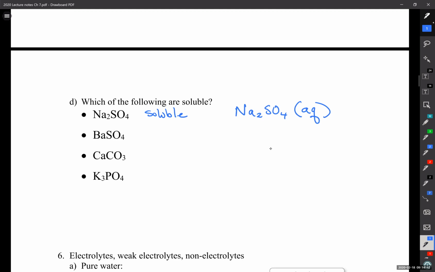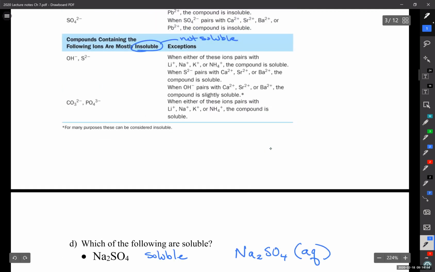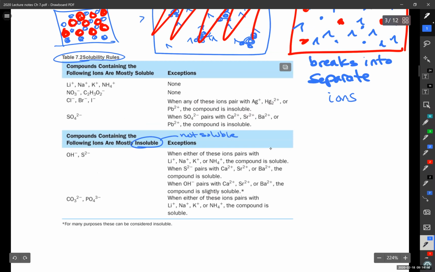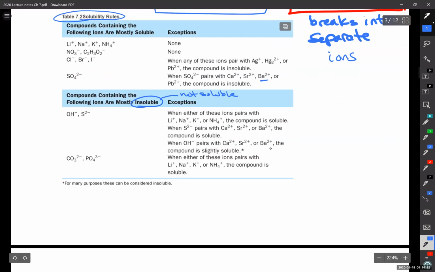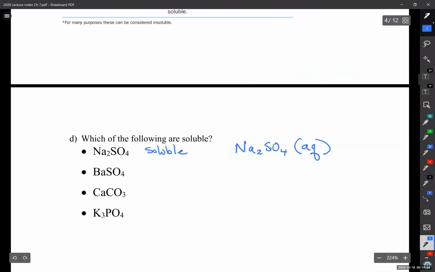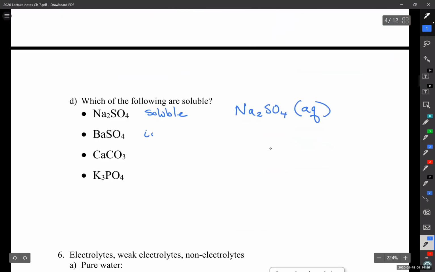Okay, what about barium sulfate? Back to the list. It's in the mostly soluble, but with barium sulfate, this is insoluble. So we would write its state in a chemical reaction as BaSO4, S. Insoluble means it didn't dissolve, so it's solid.